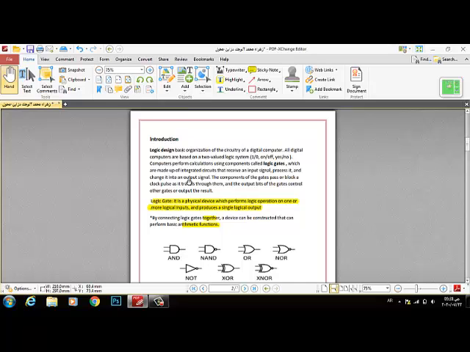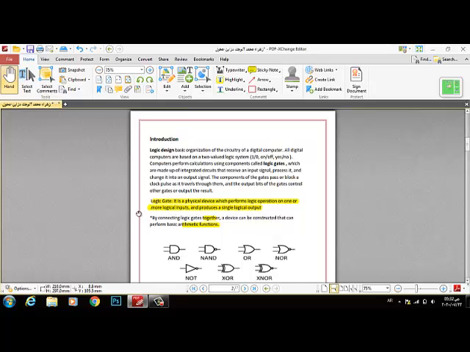So, what is the definition of logic gates? We can say a logic gate is a physical device which performs a logic operation on one or more logical inputs and produces a single logical output.